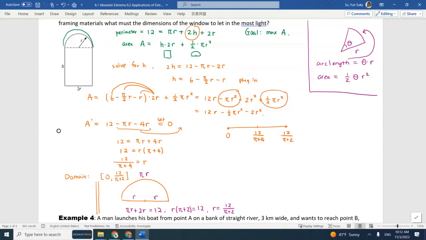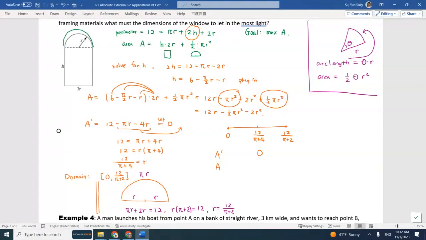So, let's see. Area prime and area. That is the critical point. So the A prime is 0 here. Alright, let's pick a number here. Well, we can pick 0, right? Everybody? Pick 0, we plug in, positive or negative. If r is 0, what do you get?